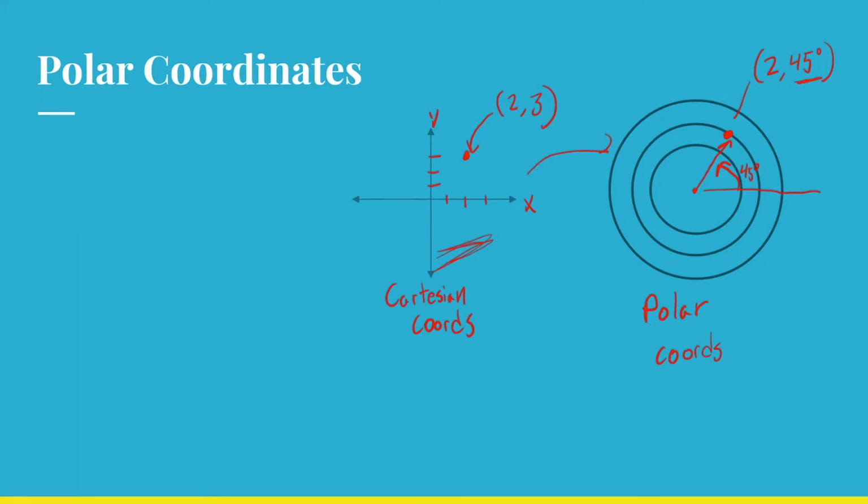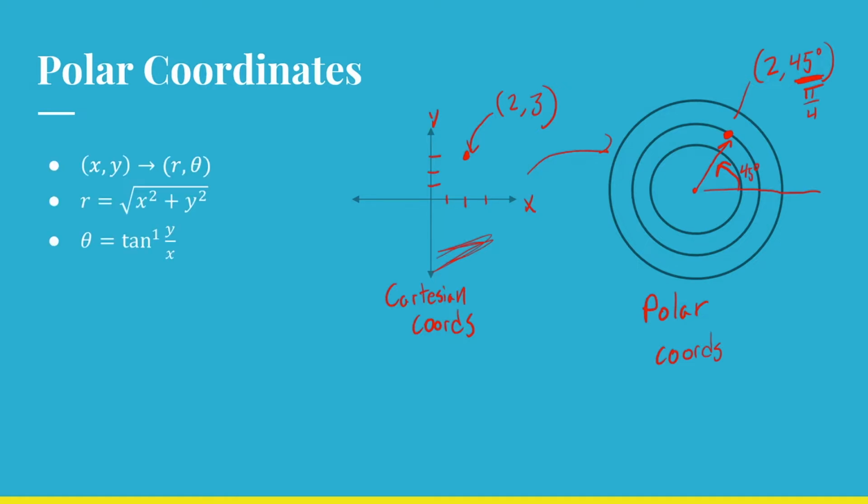These degrees can also be written in radians, so you should be comfortable with both. 45 degrees in radians is pi over 4. You should get very comfortable with converting from degrees to radians. There are equations that are very, very helpful that can help us to go back and forth between these two coordinate systems.